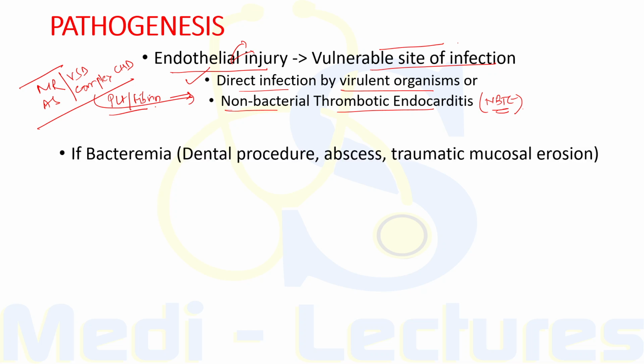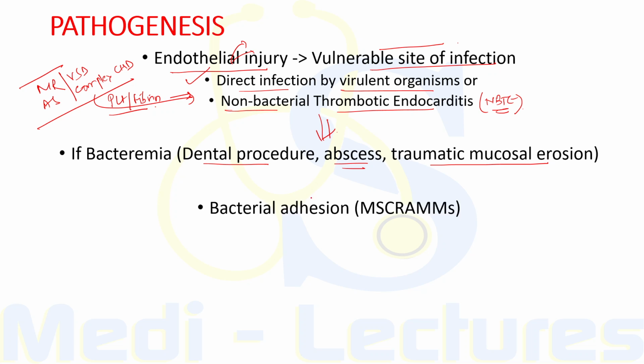Now, if bacteremia develops in such a patient due to any dental procedure, any abscess elsewhere in the body, or traumatic mucosal erosion, this bacteria reaches the damaged endocardium and there occurs bacterial adhesion to the non-bacterial thrombotic endocarditis site via microbial surface components recognizing adhesive matrix molecules. So this is the short form of these molecules.